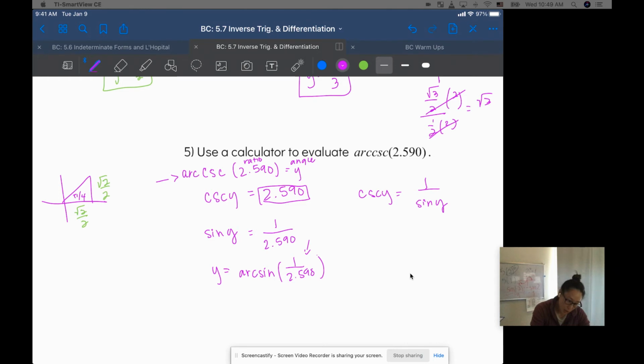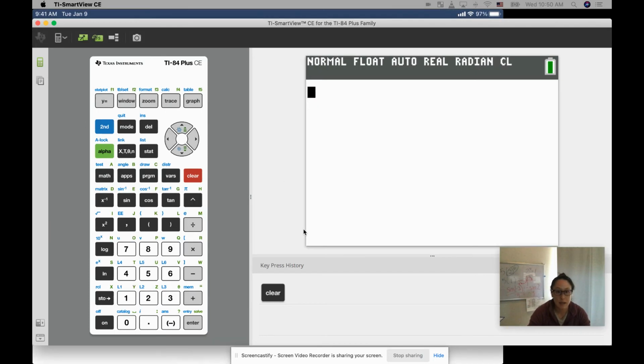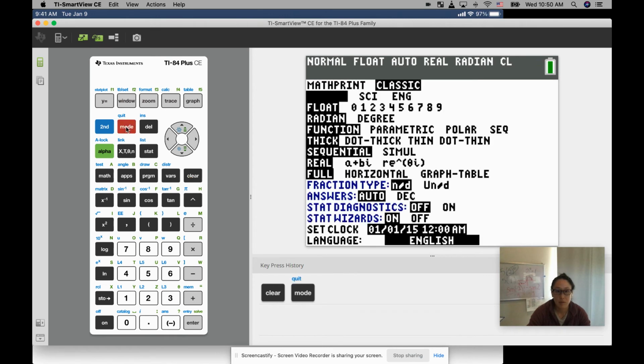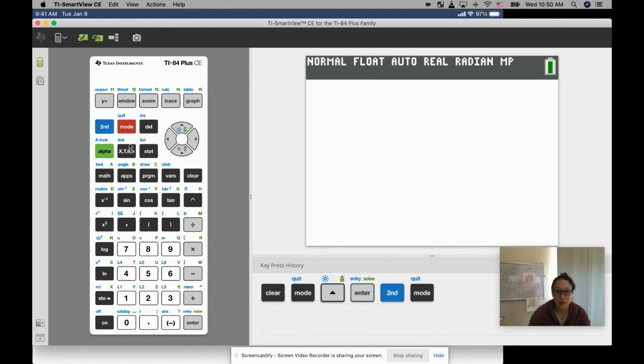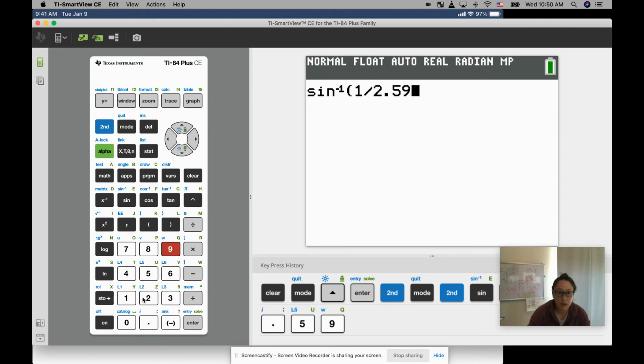Okay, so what I'm going to do is grab my calculator, make sure I'm in radian mode. Cool. All right. And I'm going to change my calculator to math print because I think most of your calculators are math print. So I'm going to do second inverse sine of 1 over 2.590.